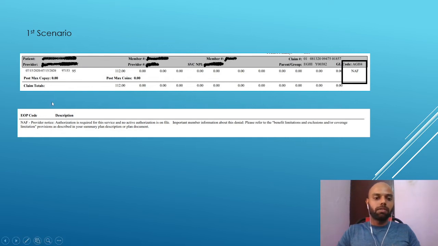The claim is denied because there is no authorization at all. So the provider failed to get authorization, which resulted in the claim denial, right? So before submitting a claim, always check whether authorization is there or not. And once the patient comes in, get the authorization for all the ABA services.